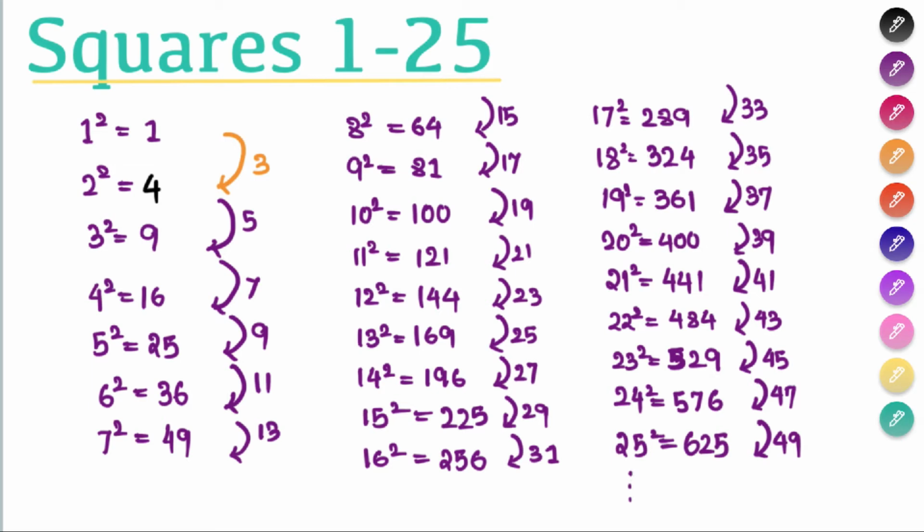And this list can go on, but we only need up to 25 square. So this is a method that you can use in case you don't remember all these.